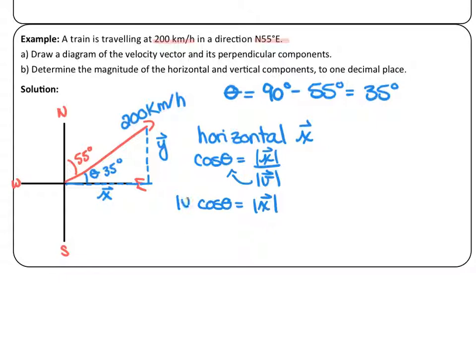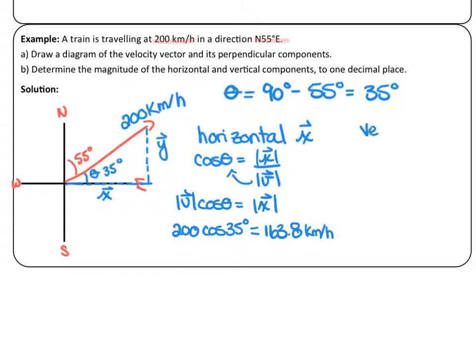So x is cos theta times the magnitude of v. Then we'll sub in our values: v is 200 kilometers per hour, cos of our 35 degrees. Make sure your calculator is in degrees, and we get 163.8. So our horizontal component is 163.8 kilometers per hour.